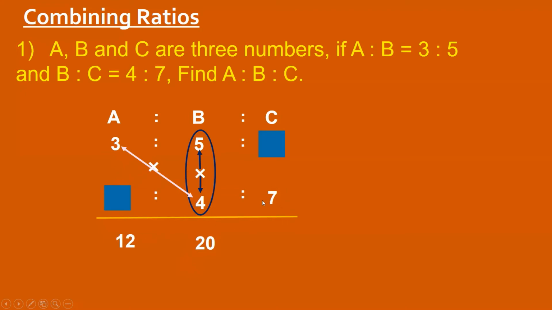And now we have the second ratio of C. So multiply the second ratio of C with the first ratio of B. Multiply 5 by 7, which is equal 35. So the ratio between A, B, and C is 12 to 20 to 35.